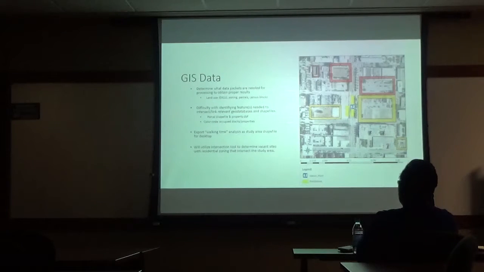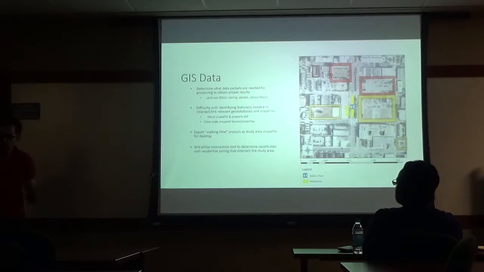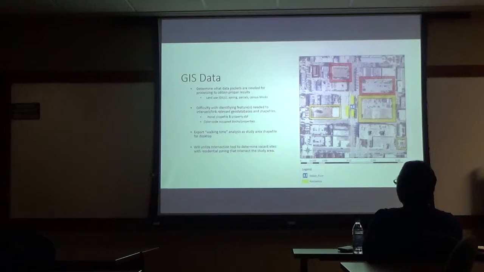And then what I also wanted to do was to color code each of the occupied blocks or properties to identify which ones are vacant lots, currently residential, commercial, or other uses, just for visual appeal. And as I mentioned before, export the walking time onto the desktop or ArcGIS online, whichever is easier for me to deal with.